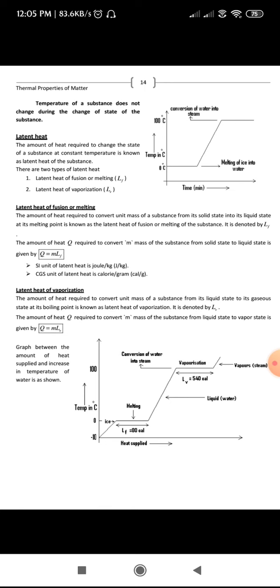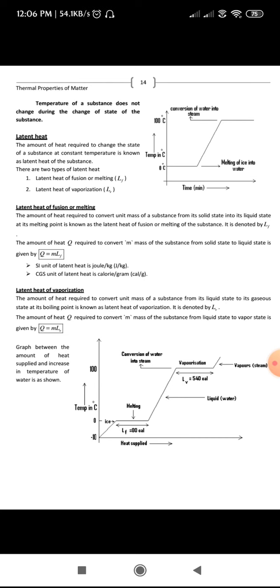Mathematically, we write that as Q is equal to M into L subscript V.